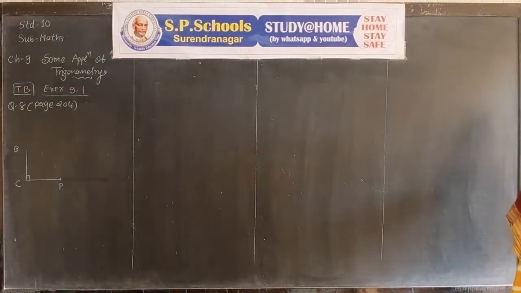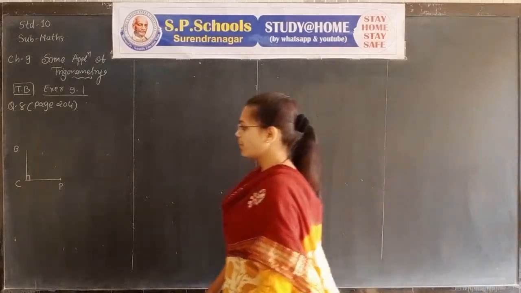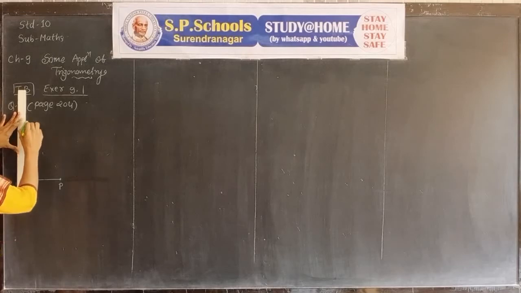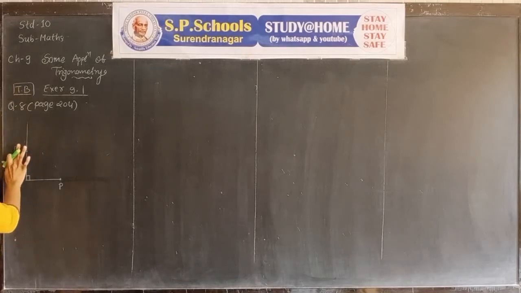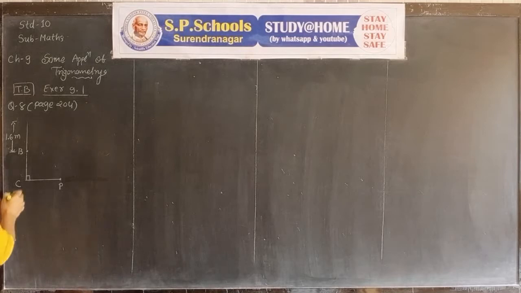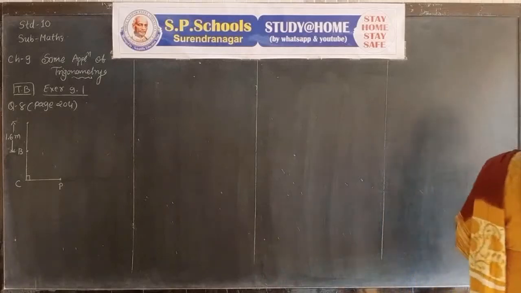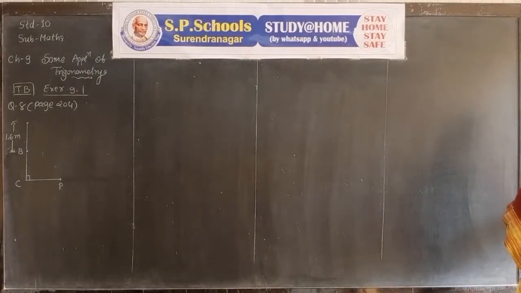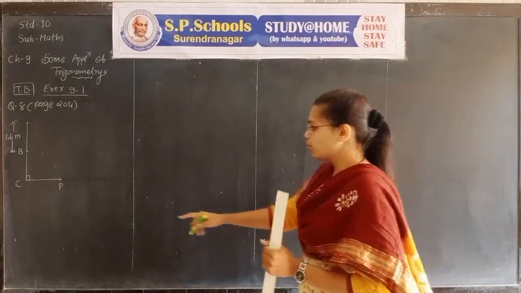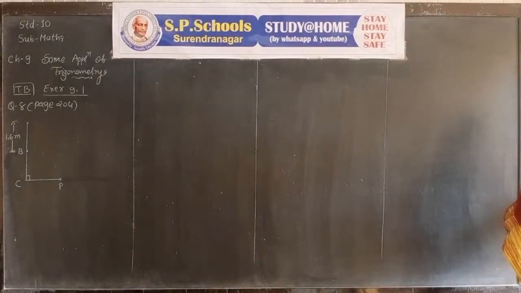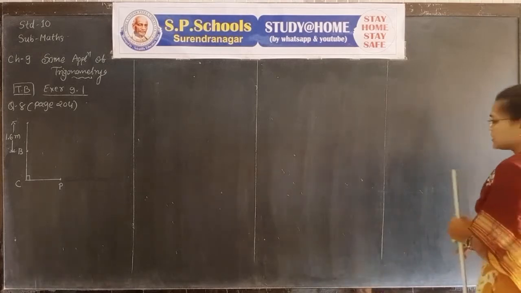A statue 1.6 meter tall stands on the top of the pedestal. B is the top of the pedestal. Statue 1.6 meter tall. Next thing given: from a point on the ground, let's take point P on the ground, the angle of elevation of the top of the statue is 60 degrees.